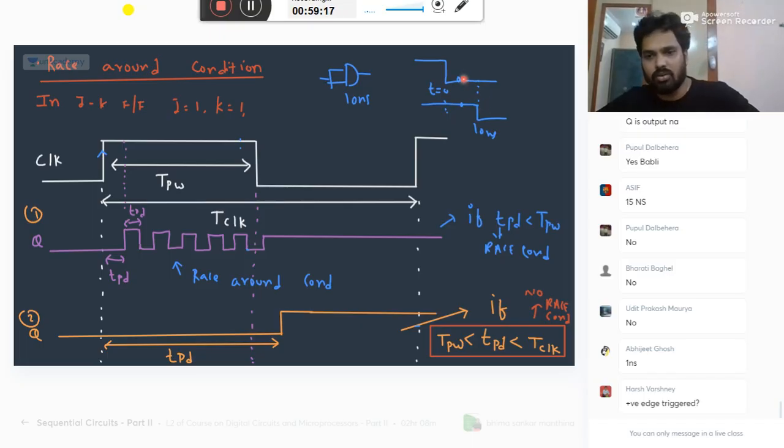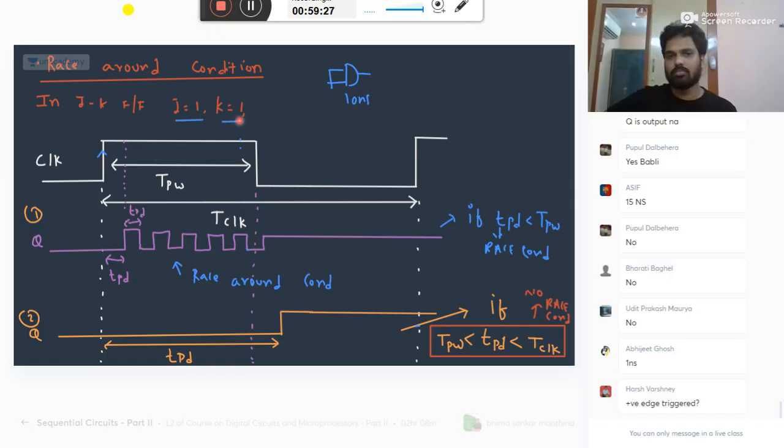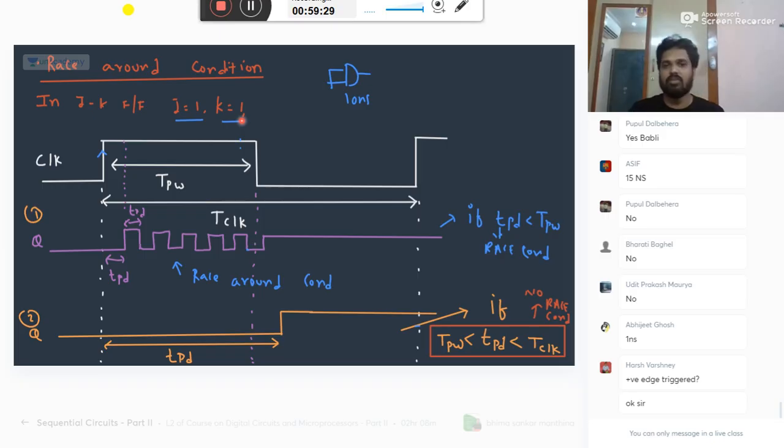Same rule here also. You applied clock. As long as clock is equal to 1, it will read the inputs, but your inputs are fixed. What are the inputs? It is 1, 1. As long as clock is 1, it will read the input and the feedback also. But because it is not changed during this period, you don't get any feedback.